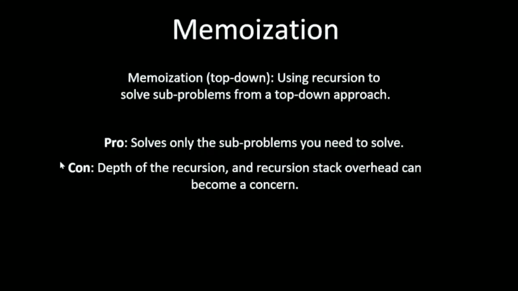It's usually good to use the tabulation method rather than the memoization method, because with memoization you need a recursive function which follows the problem from the top-down approach. You will be at the top, and then you will try to solve the subproblems. The advantage of memoization is it only solves the subproblems that you need to solve. It doesn't go through all the nodes in the tree.